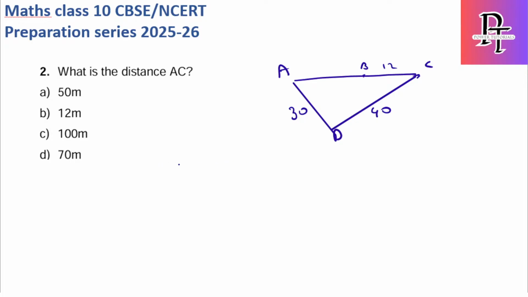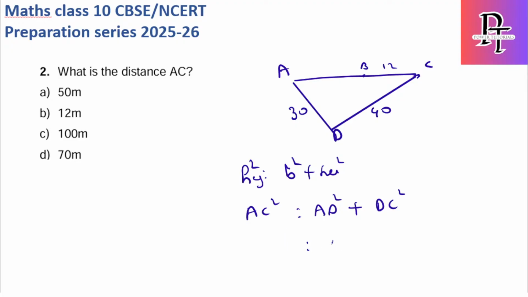So simply use Pythagoras theorem, which is hypotenuse square is equal to the sum of squares of the other 2 sides. Base square plus height square, and here I'll write AC square for the hypotenuse. So AC square is equal to AD square plus DC square.